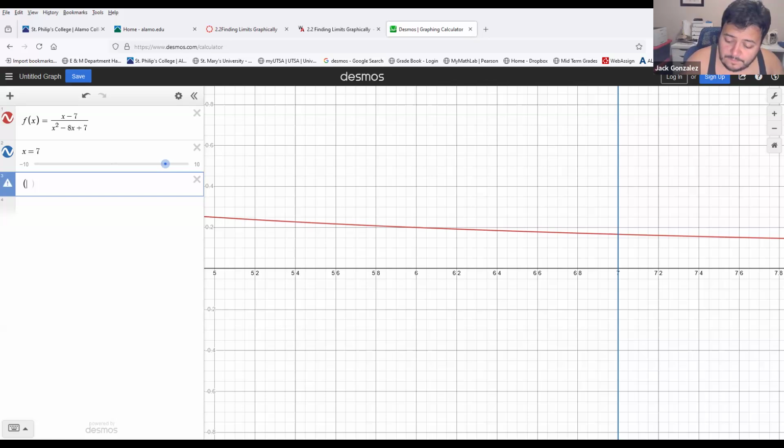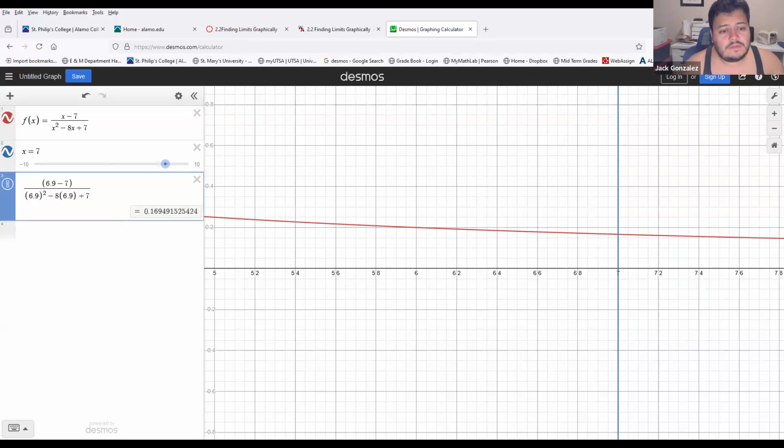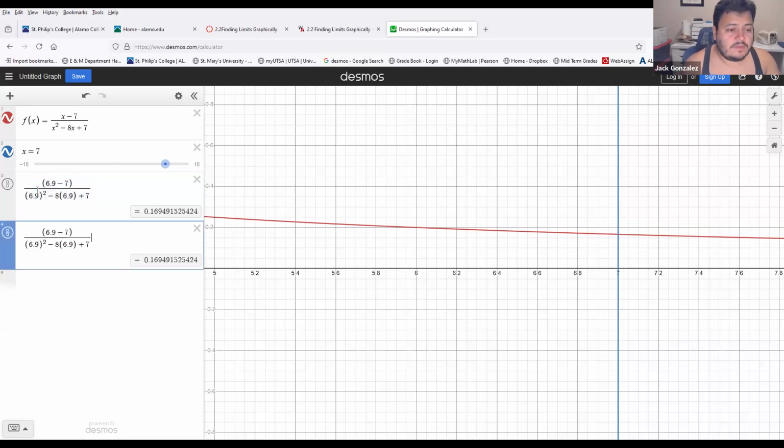So 6.9 minus 7 on the top, divided by 6.9 squared minus 8 times 6.9 plus 7. See how it's getting closer and closer to 1.6. So you do that again, right? I would just copy it. You know what? I want to do 6.99 this time.